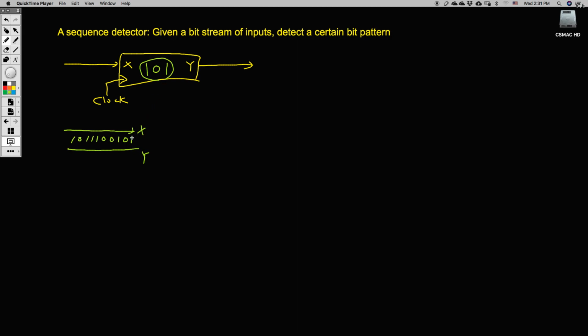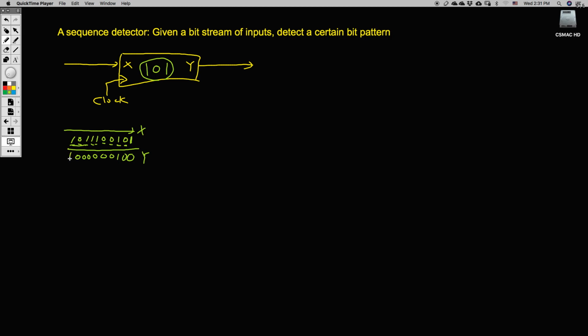At the very first clock tick, 1 is entered, but we don't detect the 101 pattern yet, so output is 0. Next bit, still we don't detect the pattern. And third bit, 101 has entered, so we have detected the pattern. And then 0, no pattern, 0, no pattern, 1, no pattern, 1, no pattern, 1, no pattern, 0, no pattern, 1.